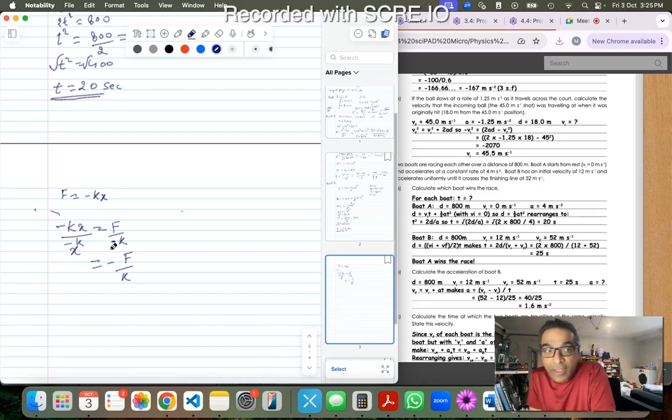In mathematics, from the algebraic perspective, minus means we have to subtract something. But in the real world, there is no such thing as minus 5 meter.